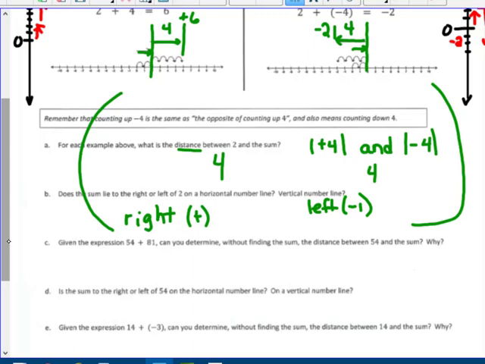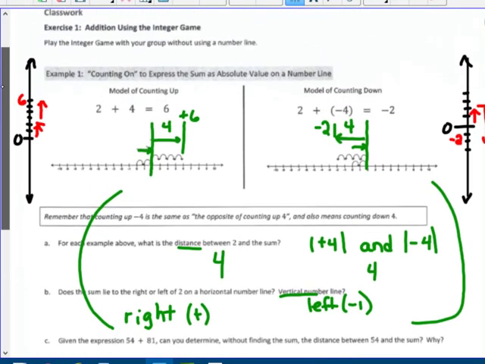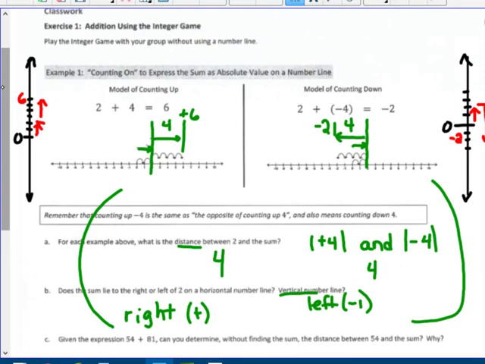But they also ask about vertical number lines, so I drew them in. You don't have them on your paper, but you can see them here. To the left side, I have positive 2 and positive 4 equals positive 6 as a vertical number line.